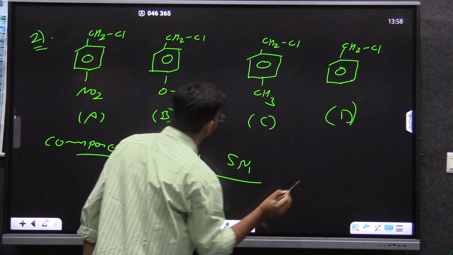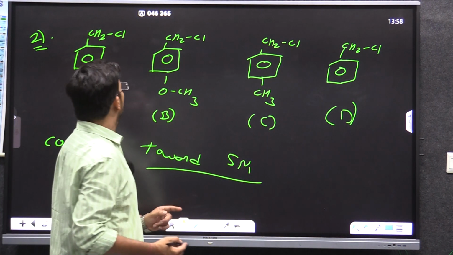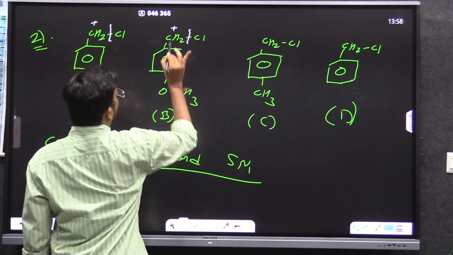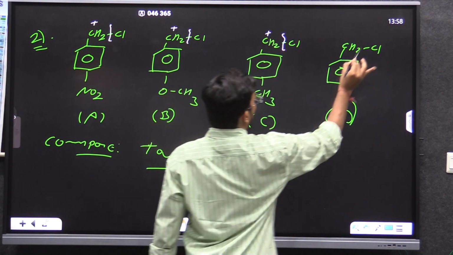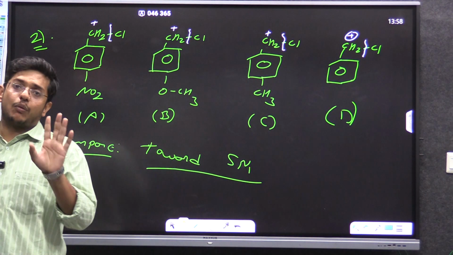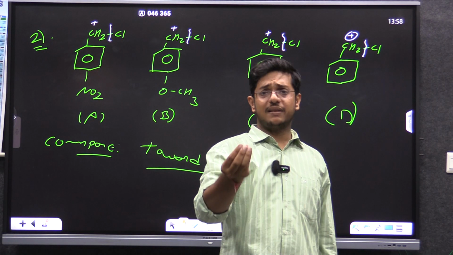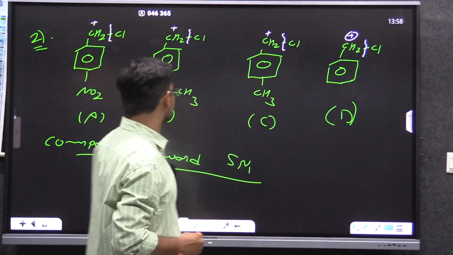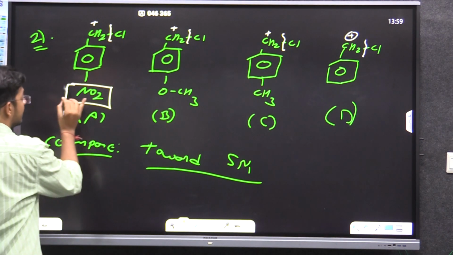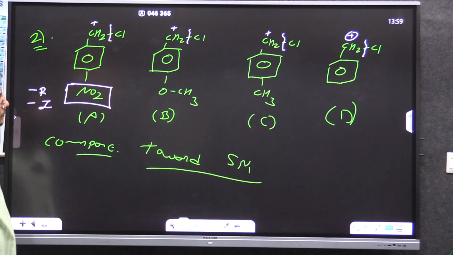Again the same pattern will be used. Break the alkyl halide and form the carbocation. Now go for the stability of the carbocation: the more stable the carbocation, the faster the SN1. This NO2 group gives minus R or minus I effect.